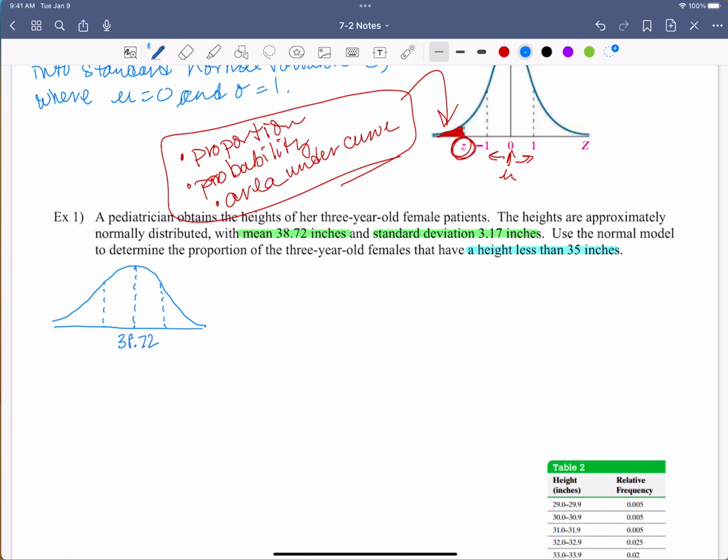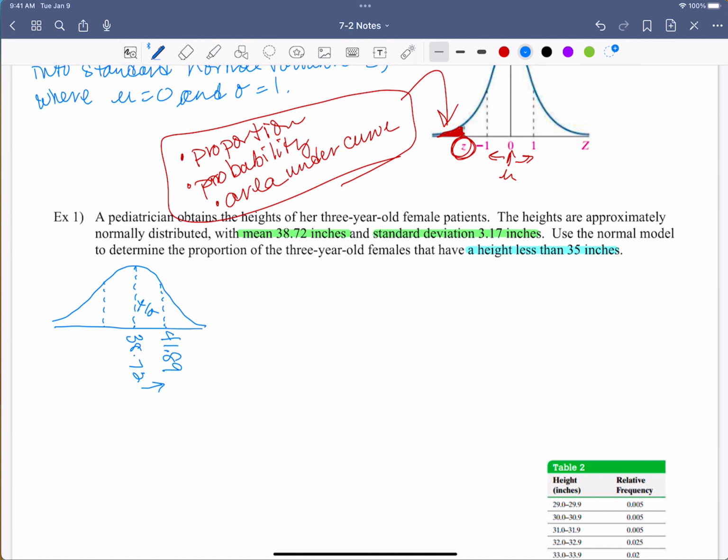So I'm changing this to be 38.72 so we can get all these numbers in, because the numbers are so big. Going in this direction, I'm going to add 1 standard deviation. Plug that in your calculator, I get 41.89.